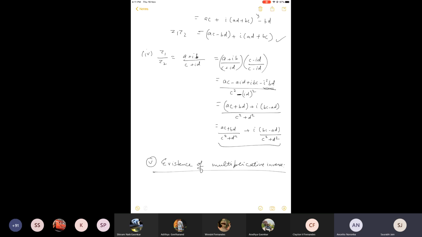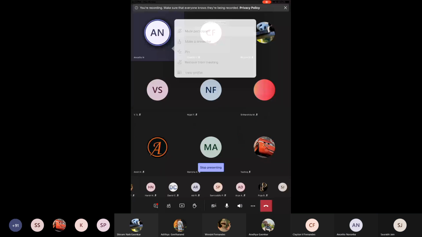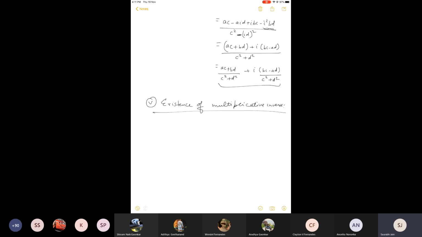Just a minute. Regarding multiplicative inverse, it is nothing but just the multiplicative inverse.